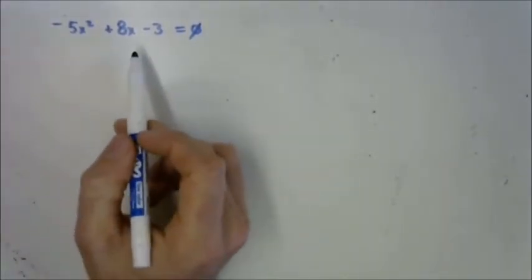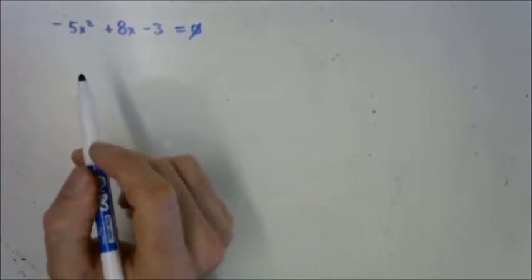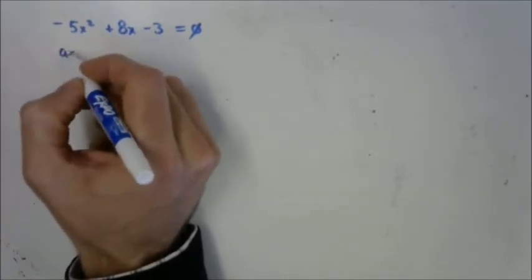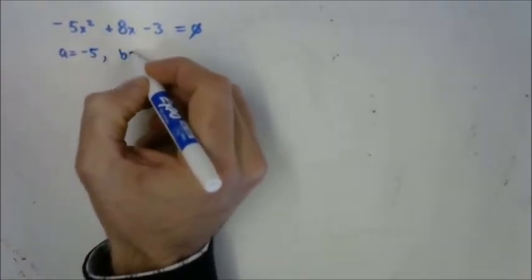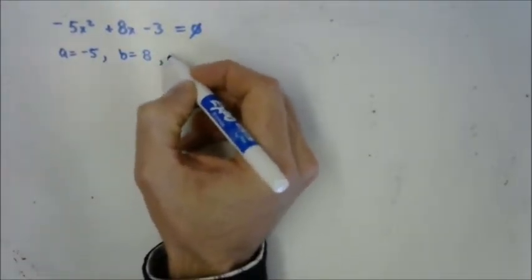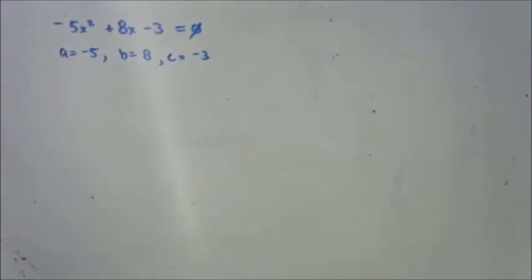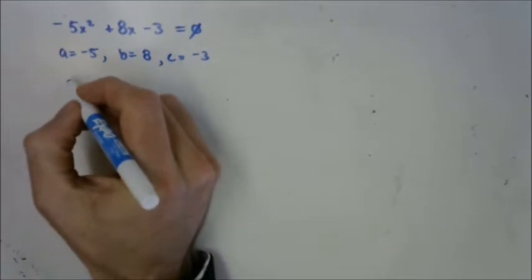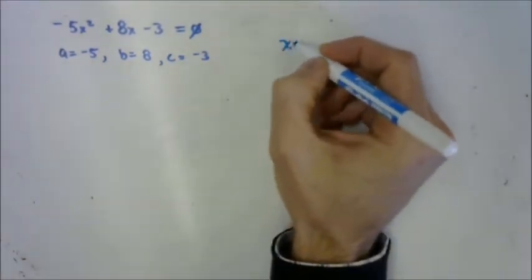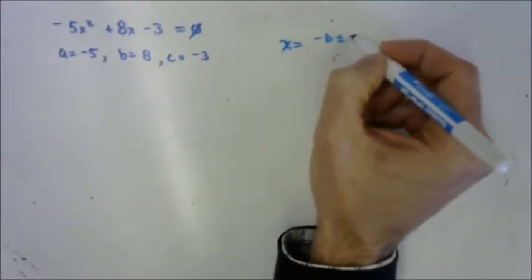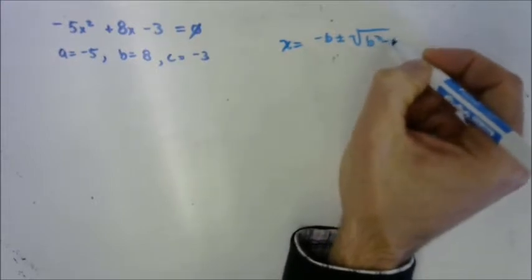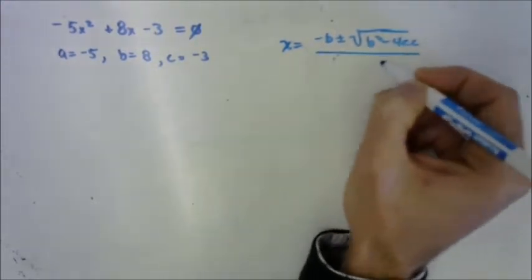And there's no quick, easy way to factor this, so I'm going to use my quadratic formula. First, identify that a equals negative 5, b equals 8, c equals negative 3. Then I'm going to go ahead and plug these numbers into my quadratic formula, which is x equals negative b plus or minus the square root of b squared minus 4ac over 2a.